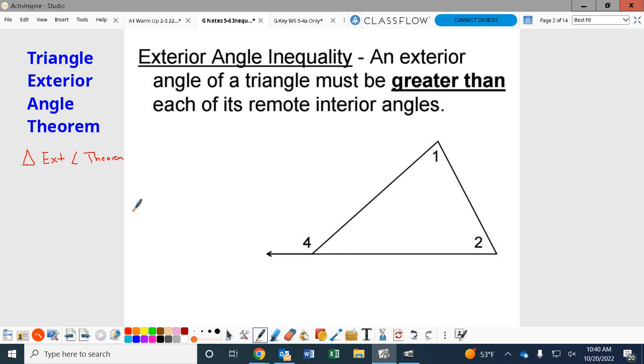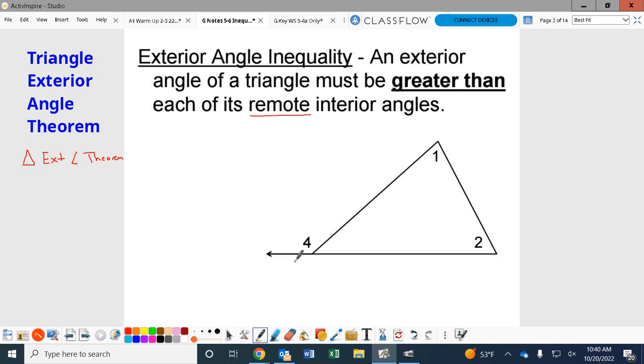Okay, we'll talk about the theorem while y'all write that down, and then we'll write down what information you get out of this. Guys, an angle on the outside of a triangle is called an exterior angle, just like we had exterior angles and interior angles when we dealt with parallel lines. These exterior angles are always bigger than their two remote interior angles. Now, we need to talk about this word, because remote is not like a remote you use for your TV. Remote means that it doesn't touch it. It's far away from it.